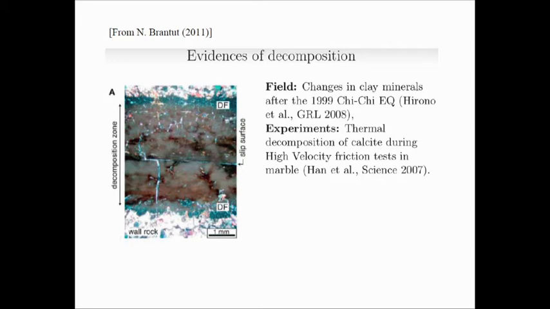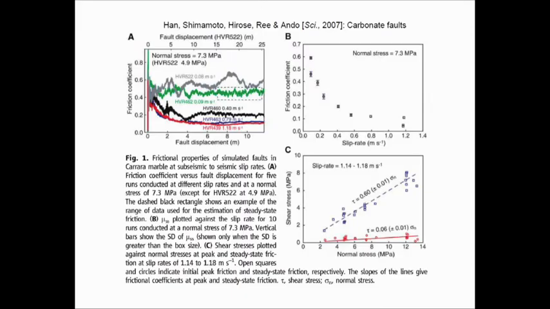So that's a suggestion that a thermal decomposition took them out of action here. And also in experiments, which at the time I made this slide, there wasn't that much around, but Brontë's PhD thesis added several more, but in particular, thermal decomposition of calcites were observed in high velocity friction tests, and I'm going to show you some information from one of those tests.